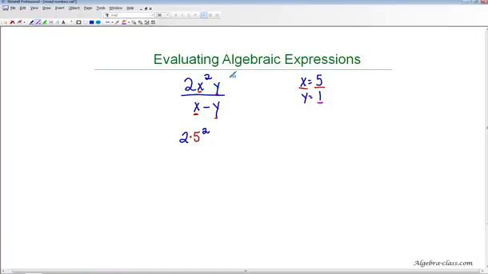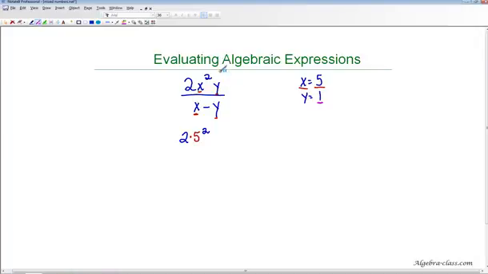And when you're working in algebra with variables, if you do not have any operational symbol, meaning a plus sign, a minus sign, multiplication, or division, if there's nothing there, it always indicates multiplication.